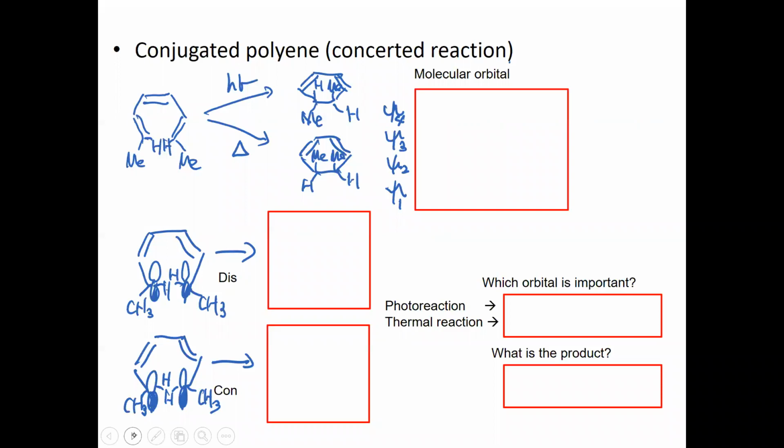And also, in some conjugated polyene cases, we can think about the reaction process based on the frontier orbital, like in electrocyclization. So let's think about that.